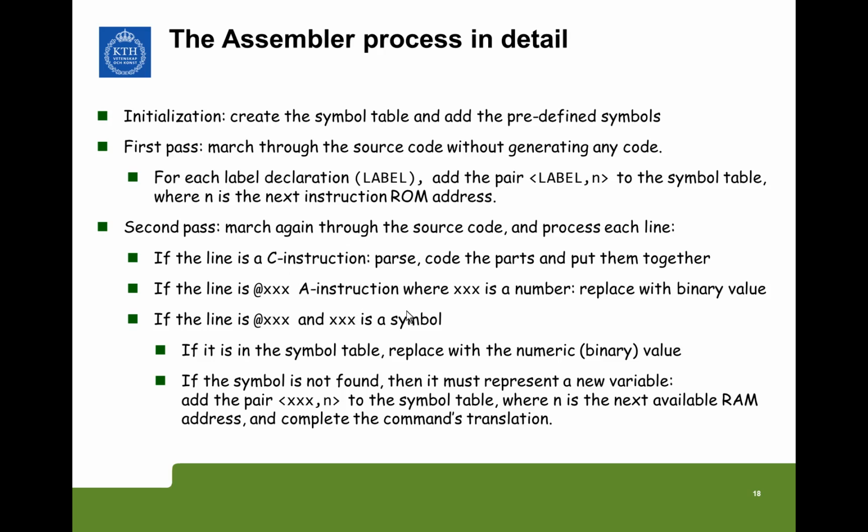If XXX is a symbol, then we either find this symbol in the symbol table and replace it with the address, the binary value, or we cannot find this symbol in the symbol table, and then we have to allocate a memory location for this symbol and insert the information into the symbol table.